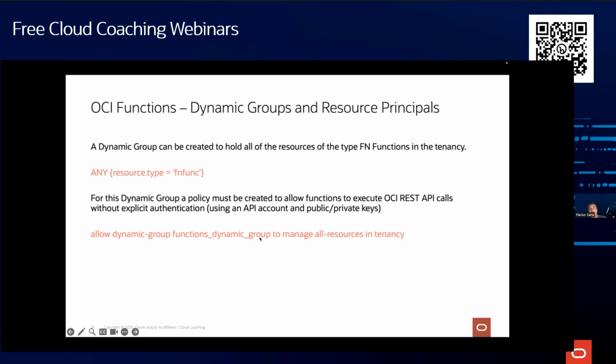So for example, you don't have to configure an API account with public-private keys and configure that in your function code in order to call OCI services from within a function. You can just create a dynamic group that will hold all the resources of type FN functions, and create a security policy to allow this dynamic group to perform different actions. Here is a very, very relaxed security policy that allows this dynamic group to manage all the resources in the tenancy. But of course, I can refine this.